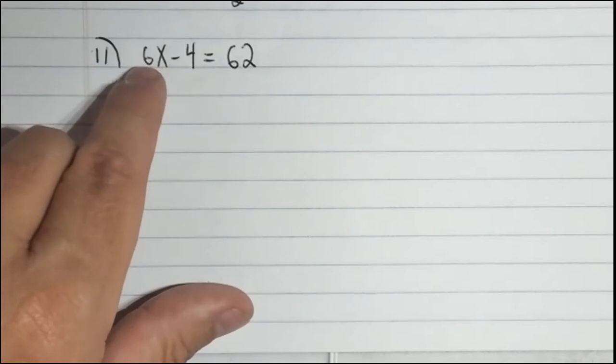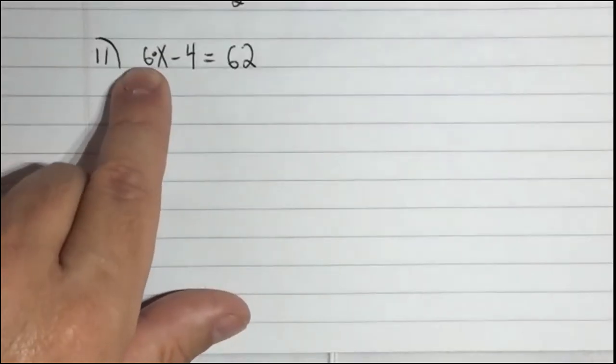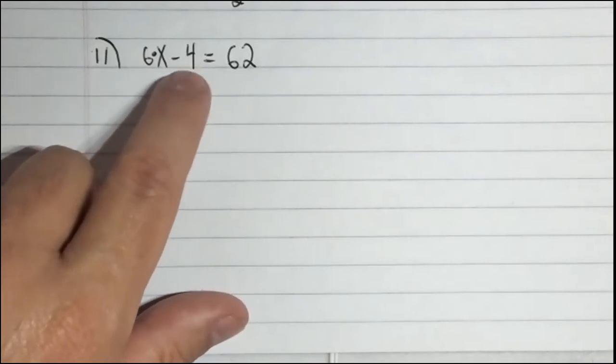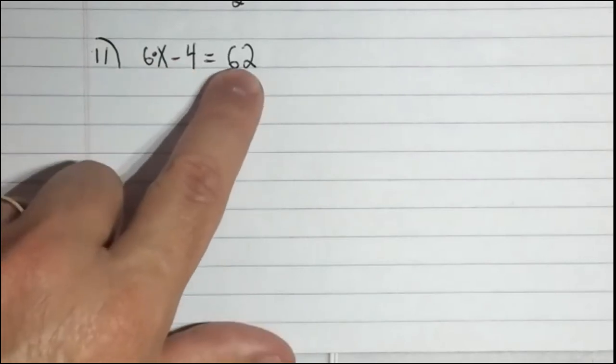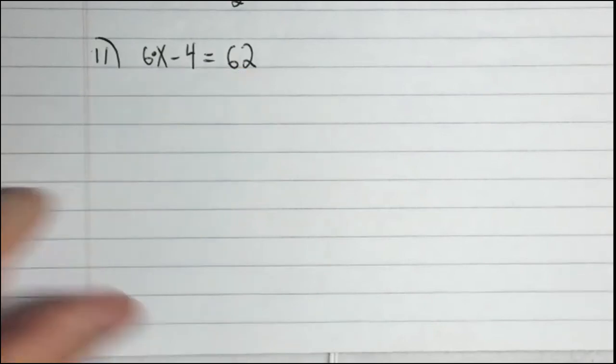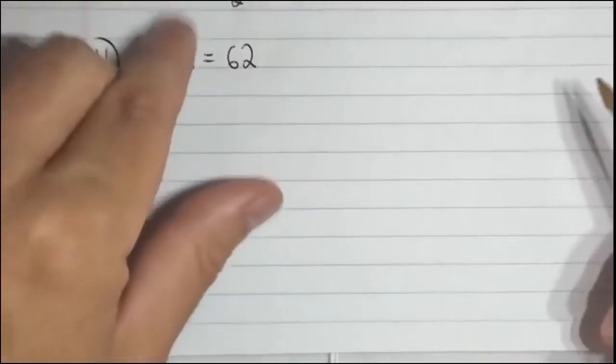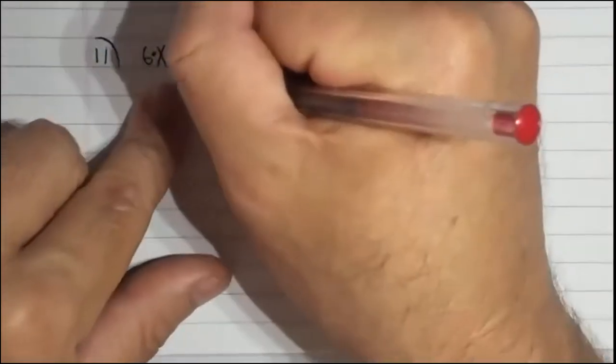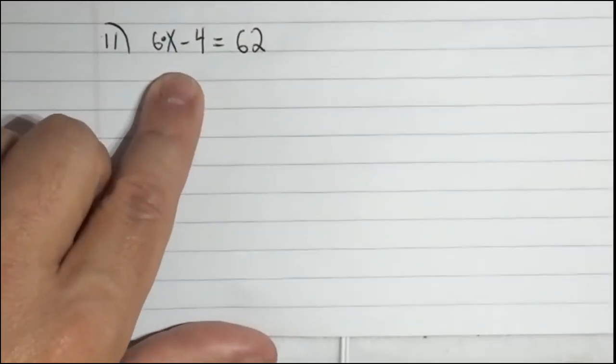Because to get rid of the 6, remember that's 6 times x, I'm going to have to divide. So I don't want to divide with a constant here. I want to get all my constants on one side first, and then divide, then get rid of that 6. So to get rid of that minus 4, I'm going to have to add 4 to both sides.